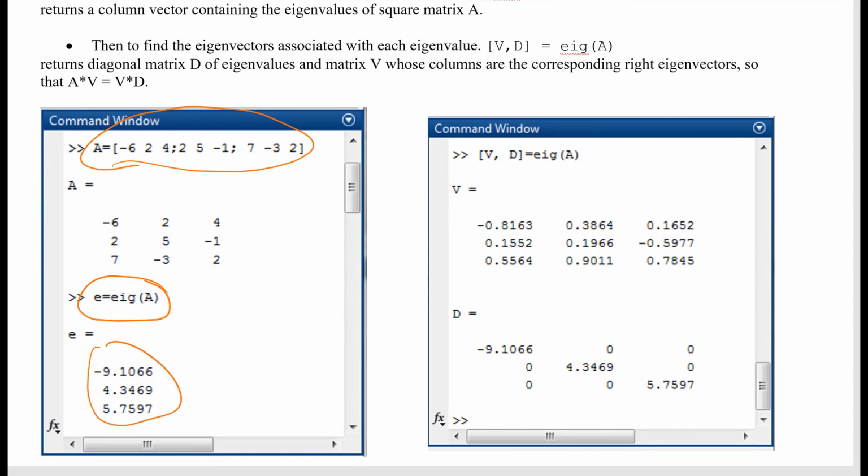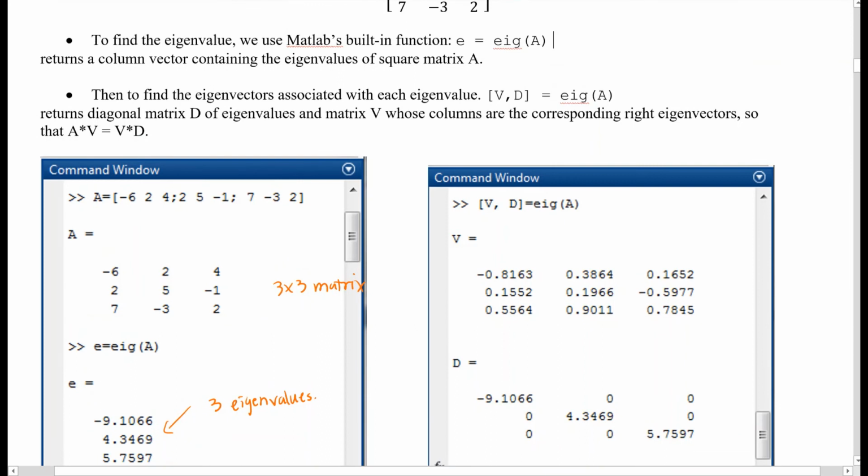This is a 3 by 3 matrix, right? So in this case, we have 3 eigenvalues. It is also possible that we have only 1 eigenvalue, but with multiplicity 3. That's also possible.